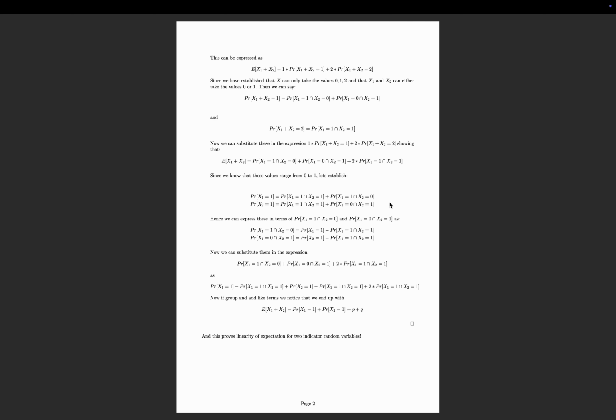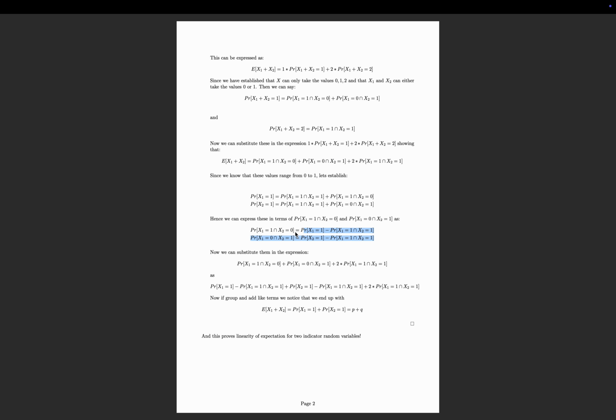Hence, we can just play with these equations. This is what I mean by this part over here. We can just play with these equations so that we can express these values over here, these ones over here, and just substitute them.